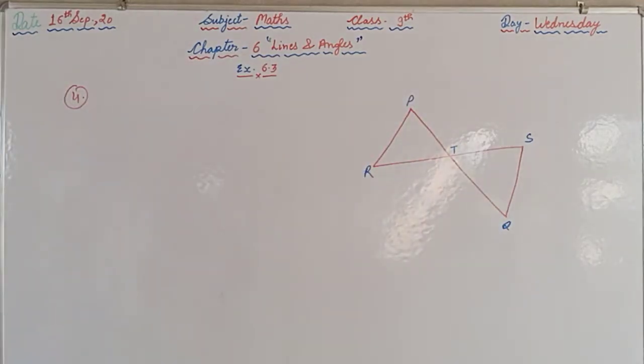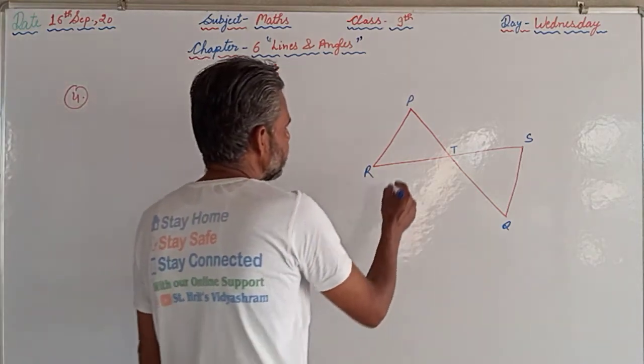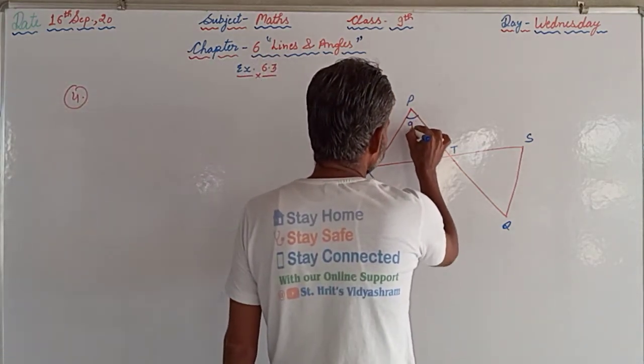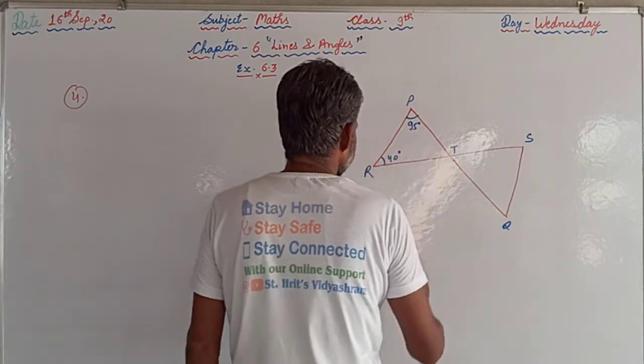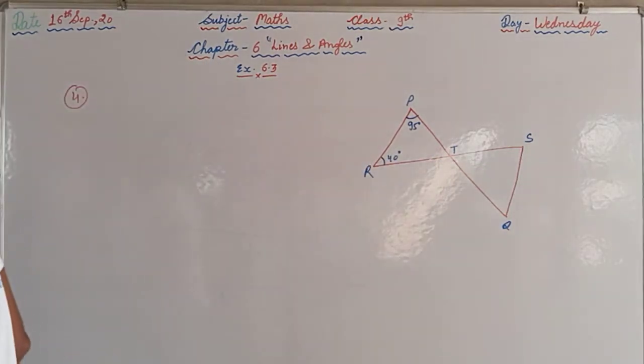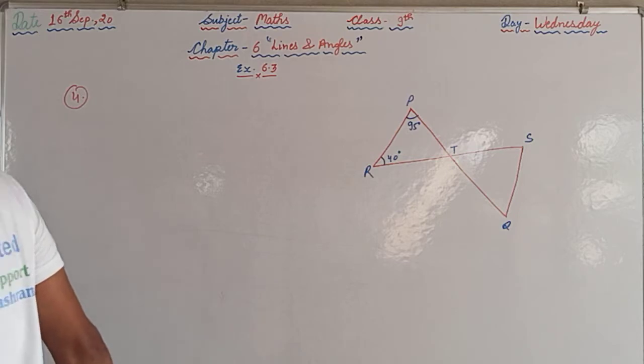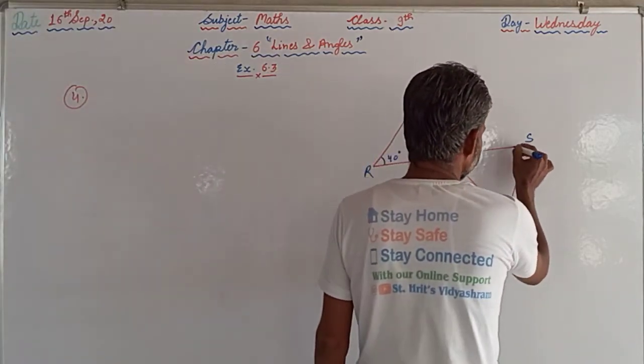Angle P 95 degree and R is 40 degree, and that angle is given 75 degrees.